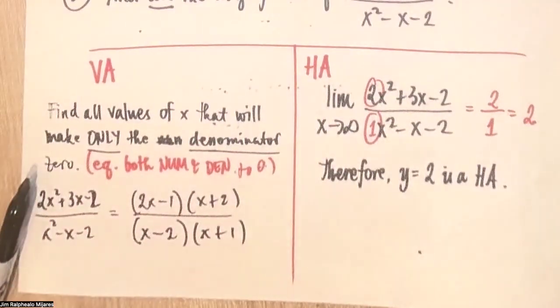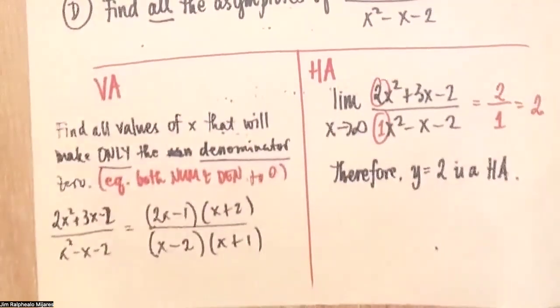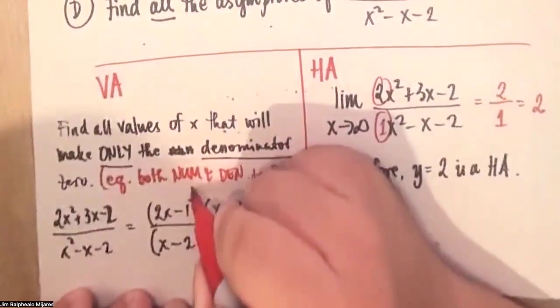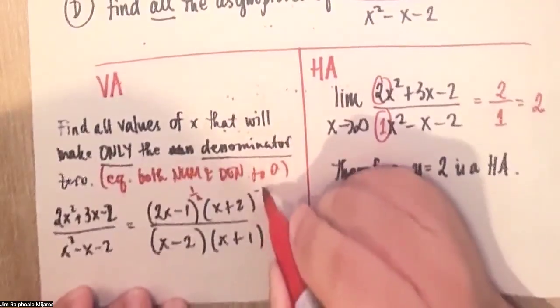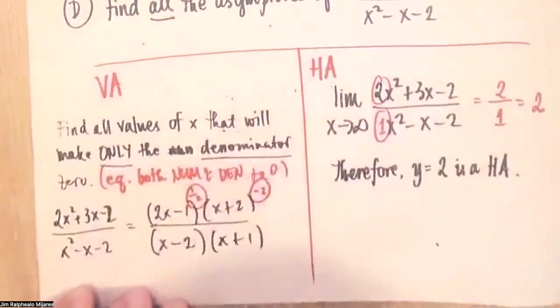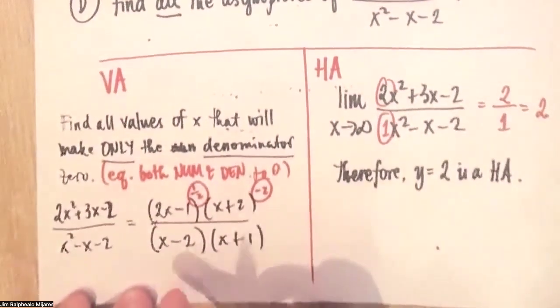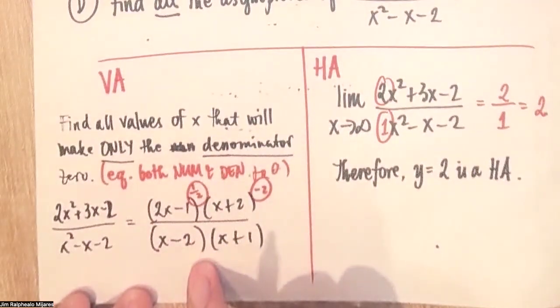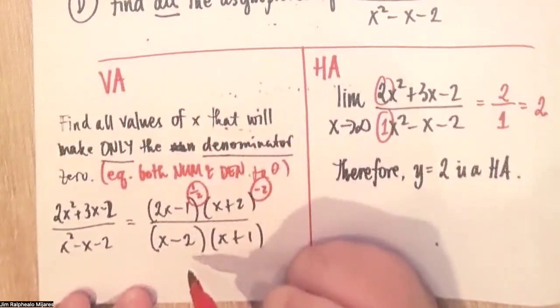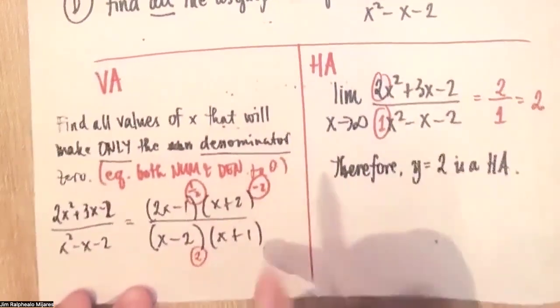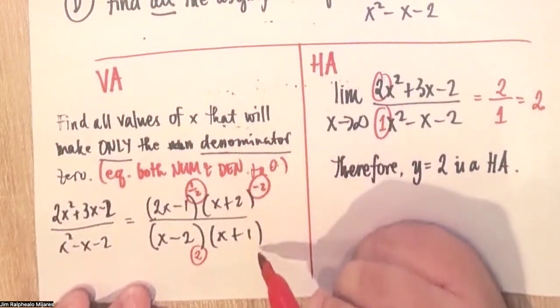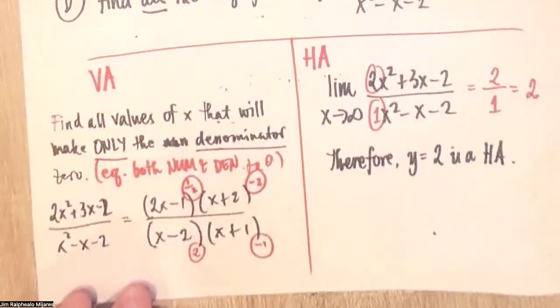So that means that the numbers that will make the numerator 0 are 1/2 and -2. Okay. So we equate both of these to 0. The denominator, we equate to 0 as well. So x minus 2 equals 0, x plus 1 equals 0, x equals -1.